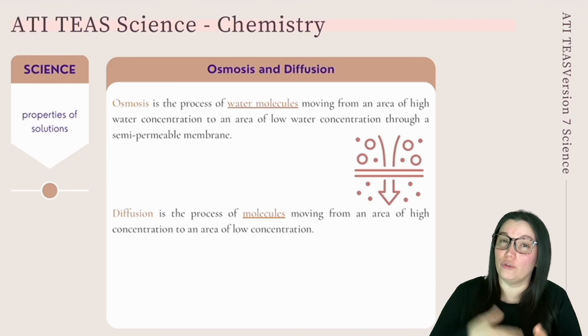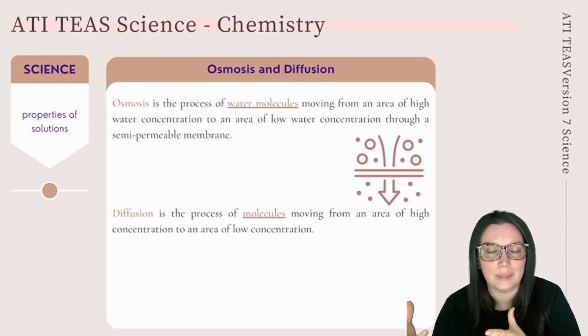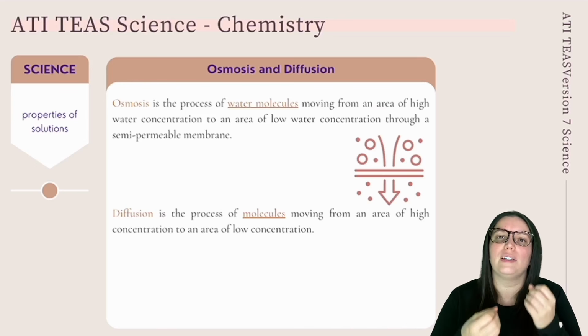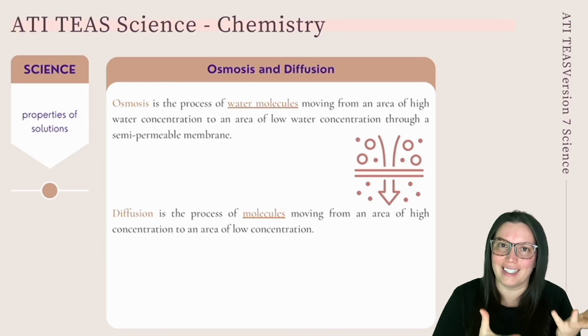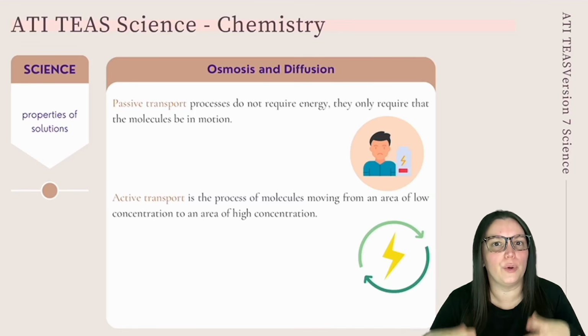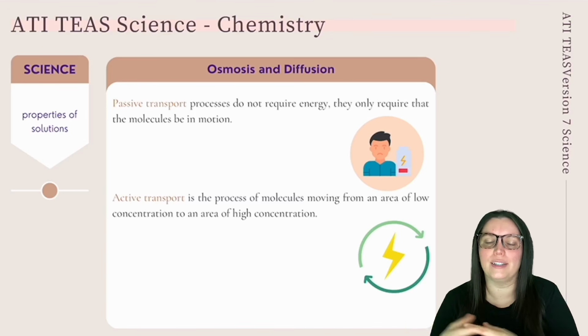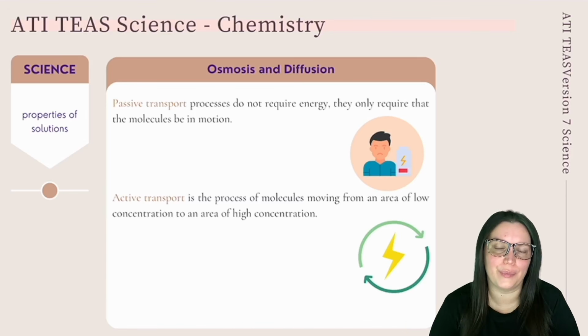So when you're trying to remember this, remember osmosis specifically refers to the water aspect, whereas diffusion specifically refers to molecule aspects. So we talked about before, osmosis and diffusion are both passive transport processes. However, there are also active transport processes, so we're going to take a closer look at both.